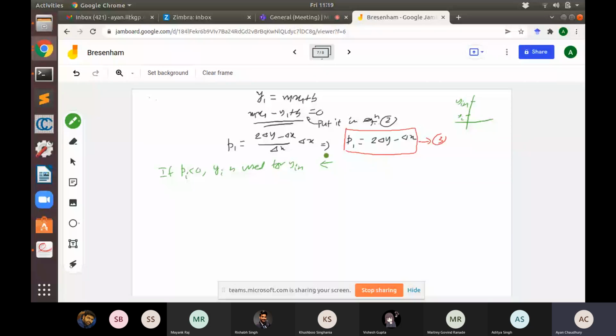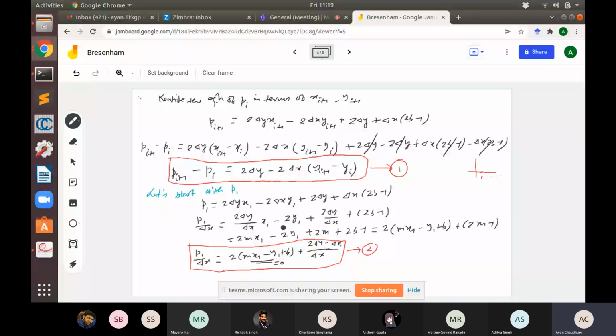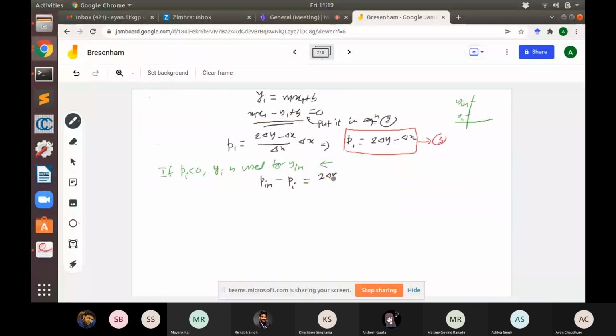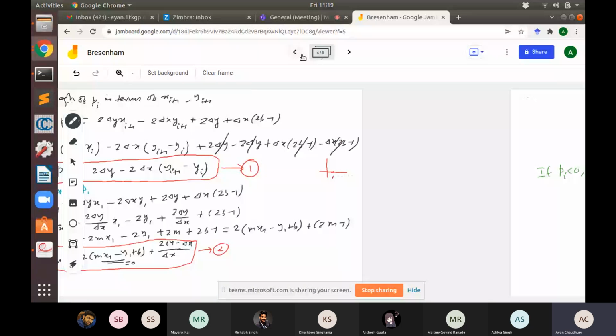So what will happen: pi plus 1 minus pi is equal to, what was the value, 2 delta y minus 2 delta x times, what was here, yi plus 1 minus yi.